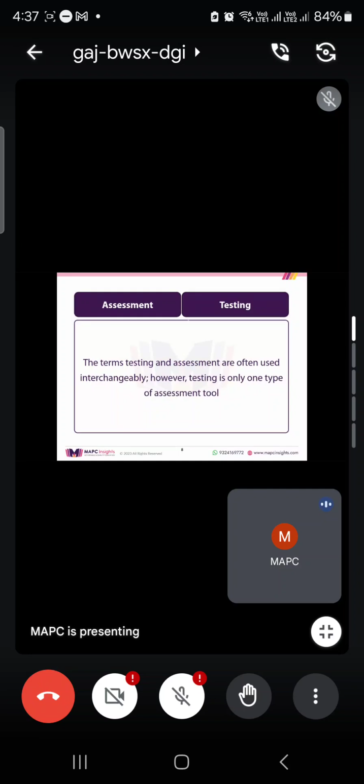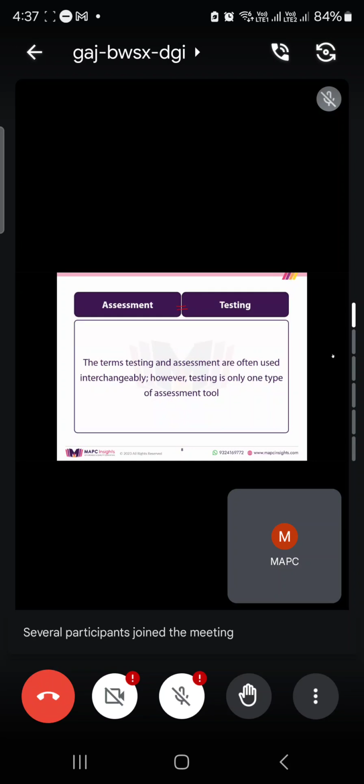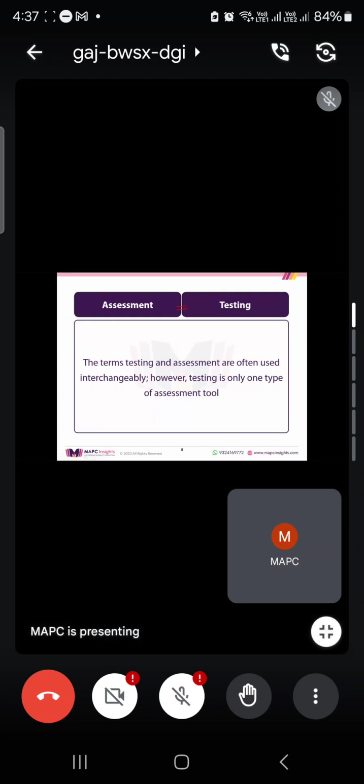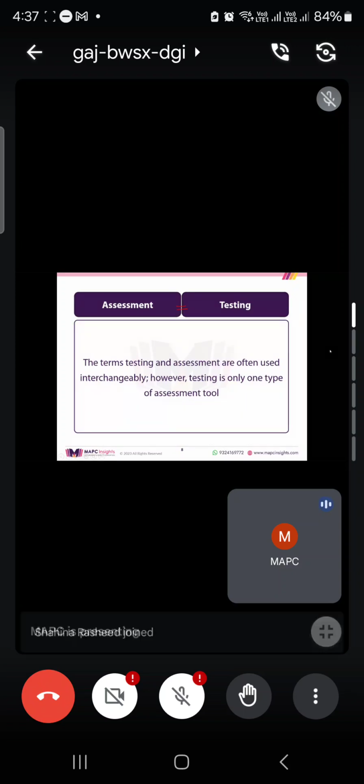Sometimes we use these terms interchangeably. Most people think that it is one and the same thing, but it is not. Testing is only one type of assessment tool.